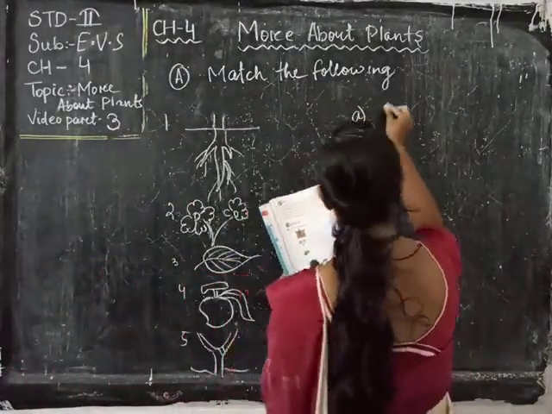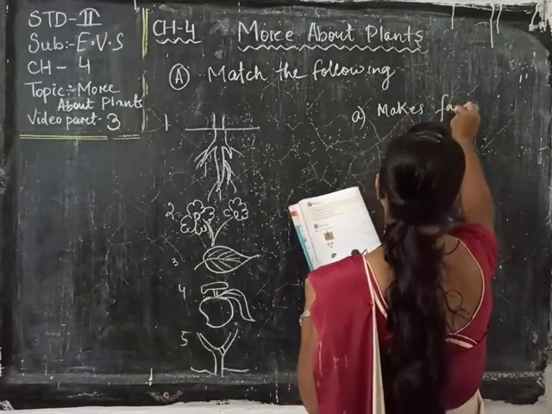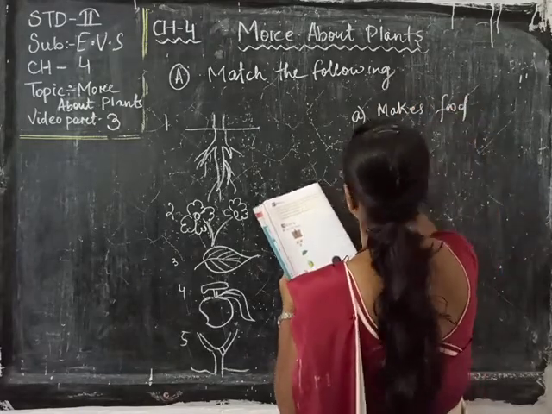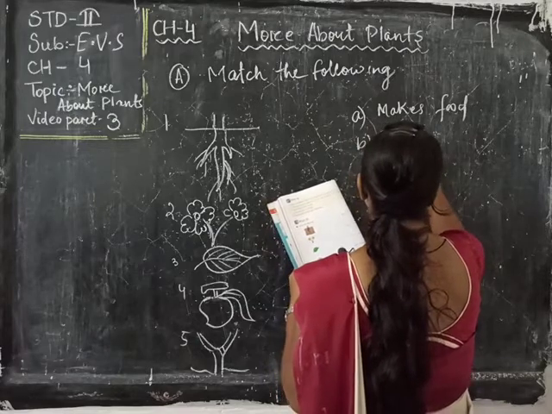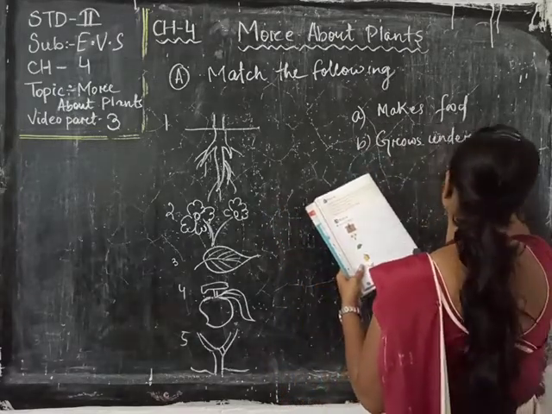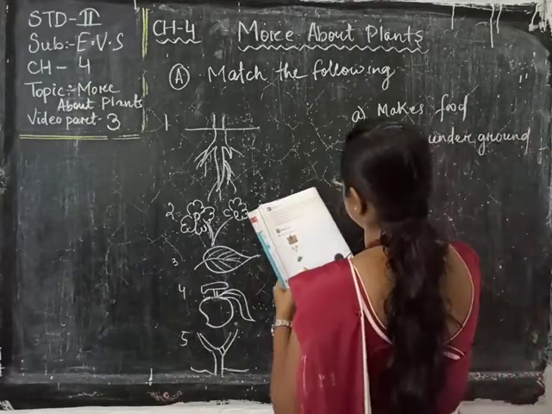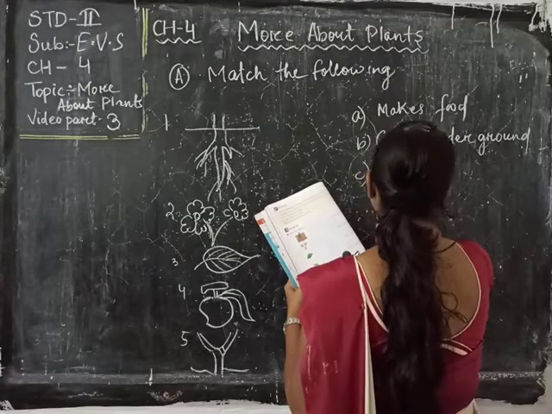So the pictures I have made, that is makes food. Number B is grows under ground. Number C contains seed.